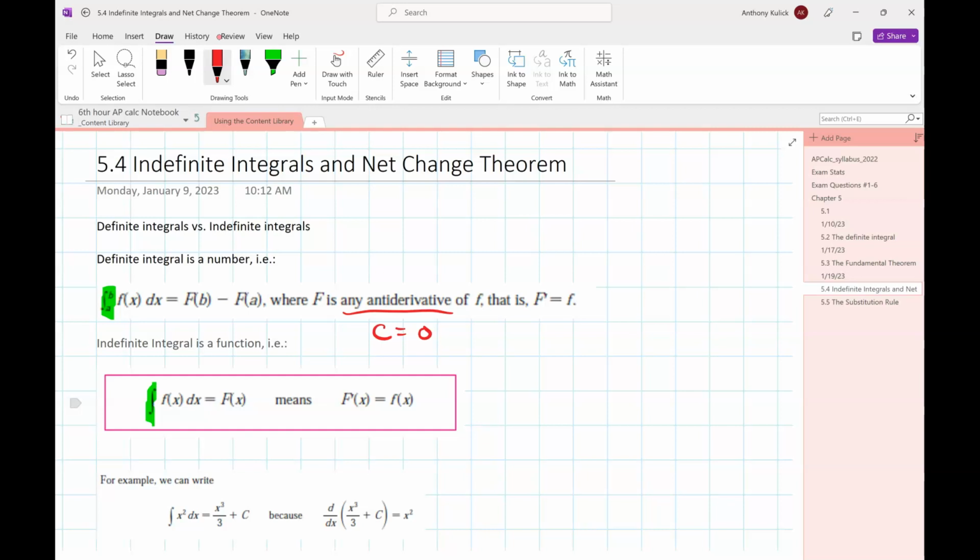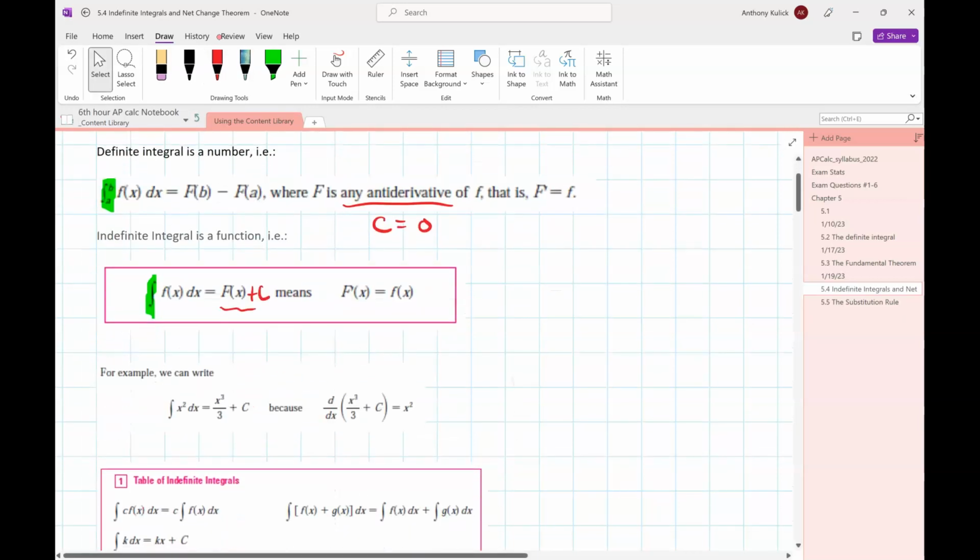Since it's not any antiderivative where we have our choice, it's just the antiderivative. What do we need at the end of these? Plus c's. Just means we have plus c's. Just like we did in section 4.9 when we did antiderivatives last semester.